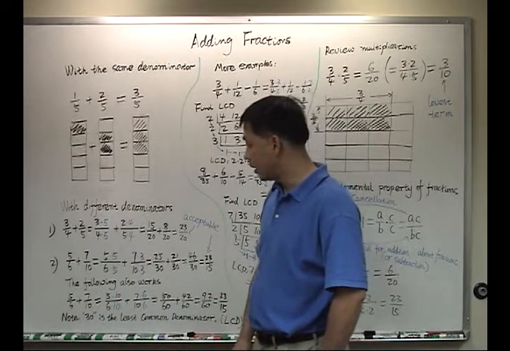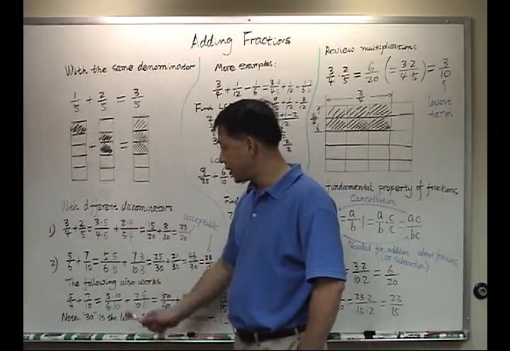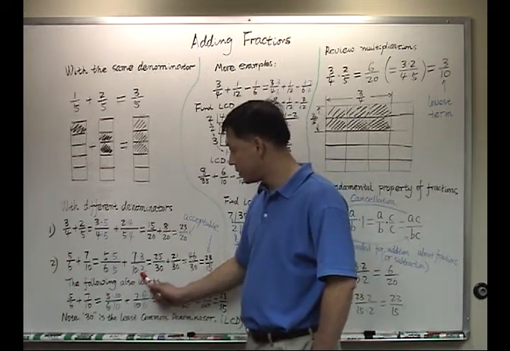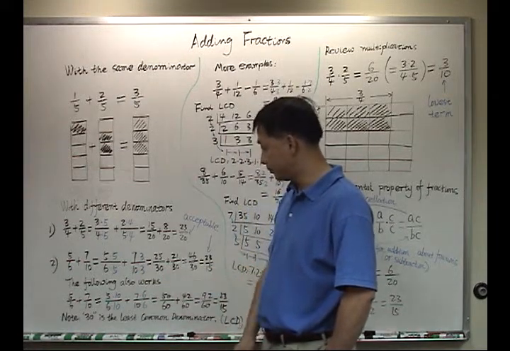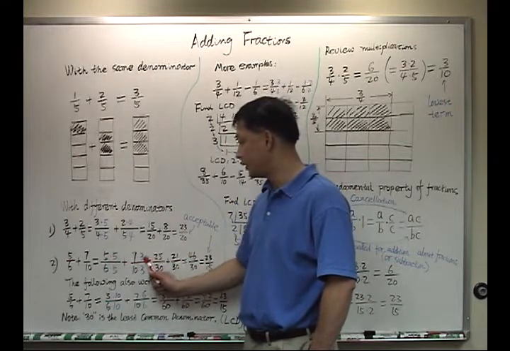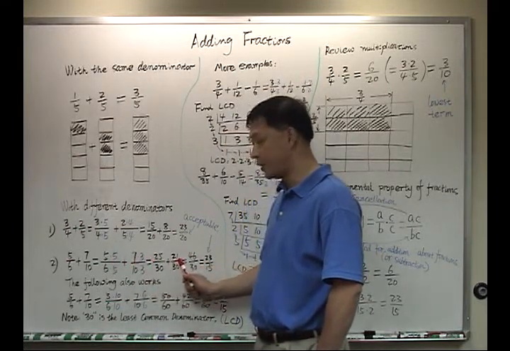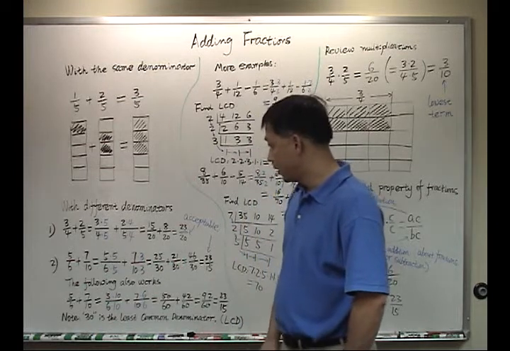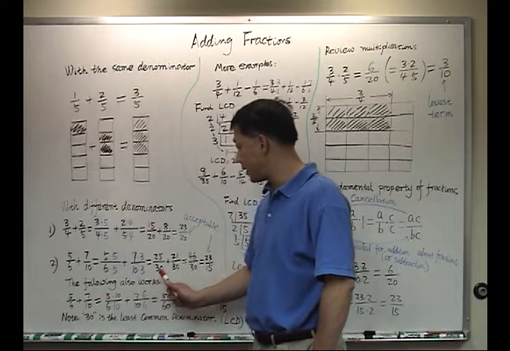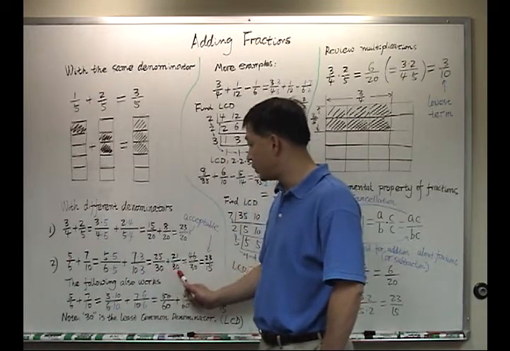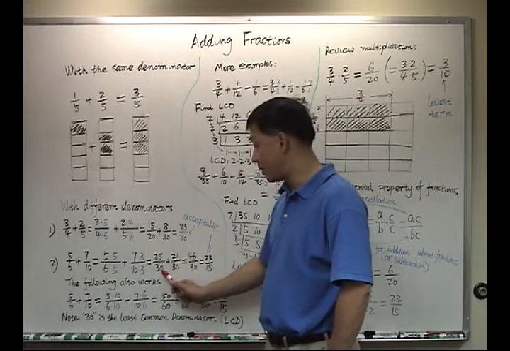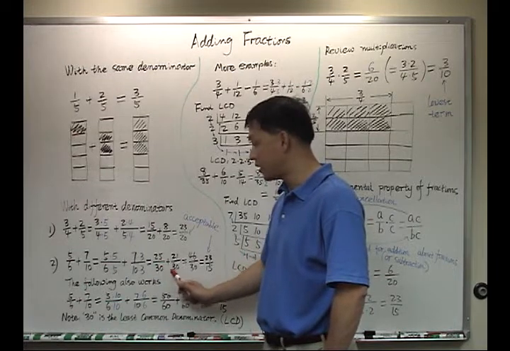Now, the reason I do this is that 6 times 5, you have 30, and 10 times 3, you also have 30. Of course, upstairs 5 times 5 you have 25, and 7 times 3 you have 21. The reason I do 6 times 5 to get 30 and 10 times 3 to get 30 is that in this case I make the two denominators the same. You see that?